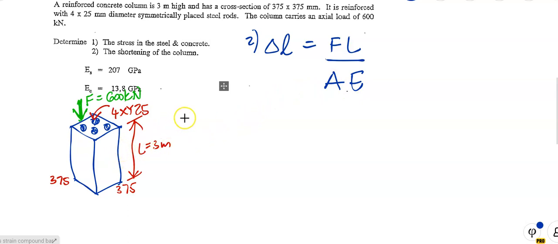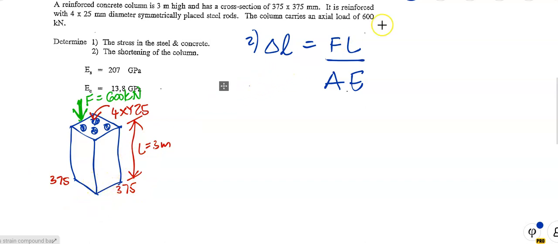For this particular part of the problem, you can either consider the shortening in the steel, or the shortening in the column. You can do one or the other. I'm going to do both, and because the steel and the concrete are acting as a unit, they're going to have to shorten by the same amount.